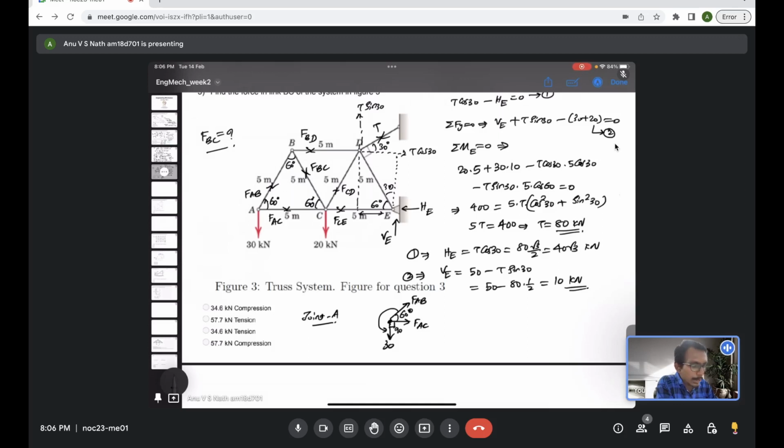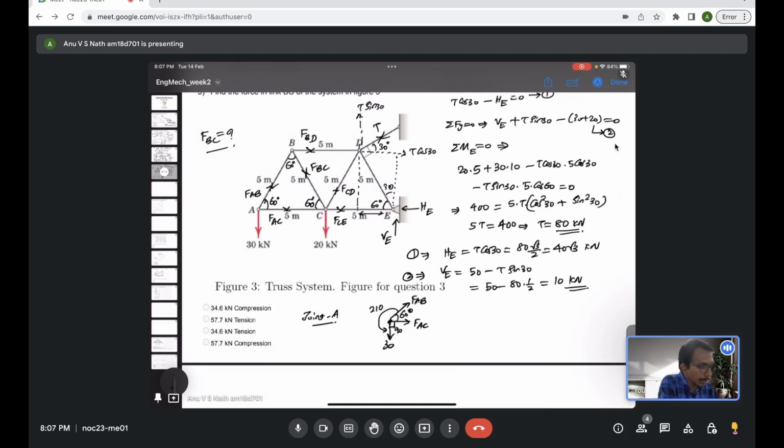So we need all the angles. So 60 degree, 90 degree, and the remaining angle will be 360 minus 60 plus 90, which is 360 minus 150, right? Which is 210.